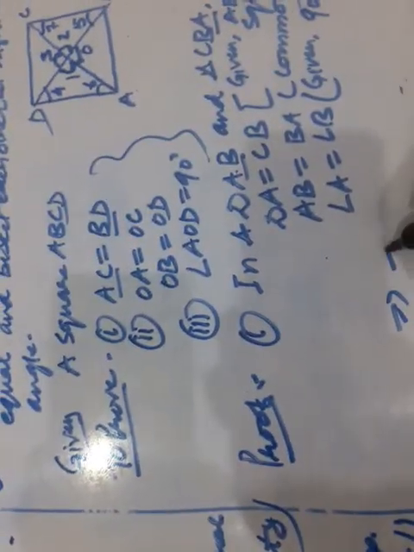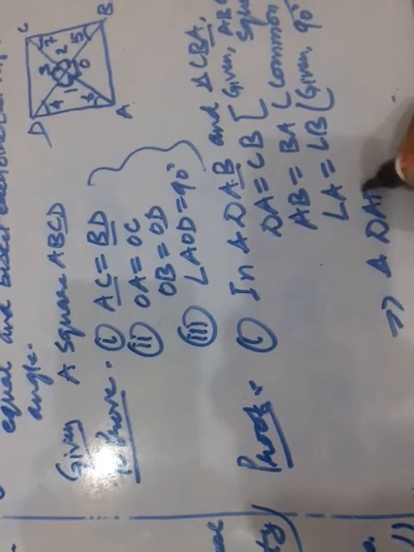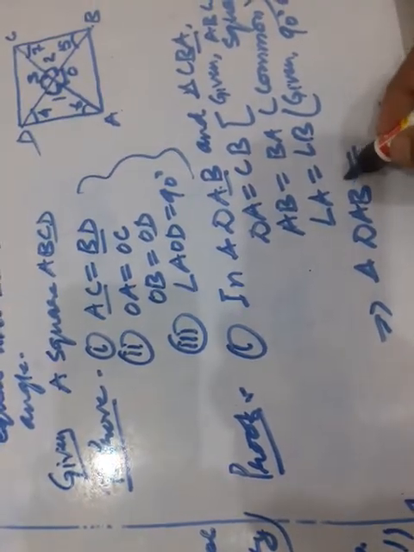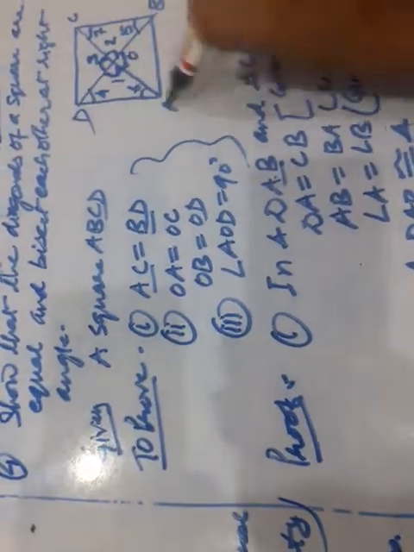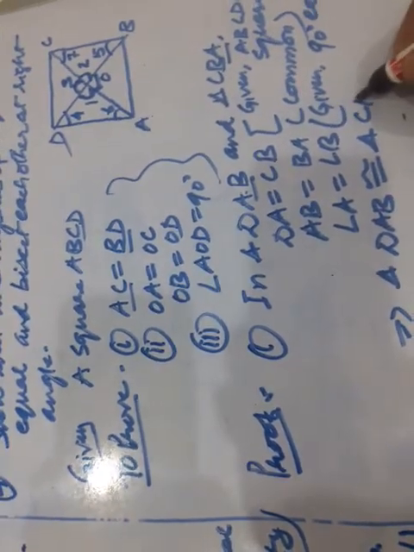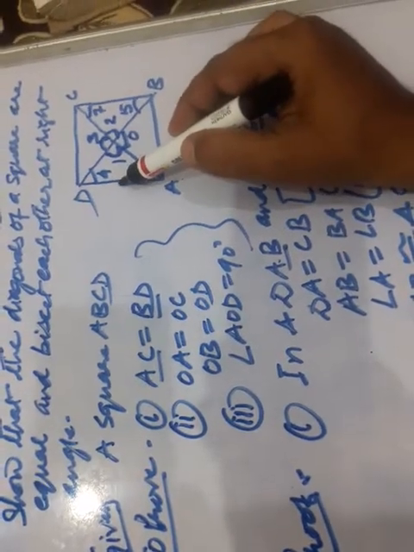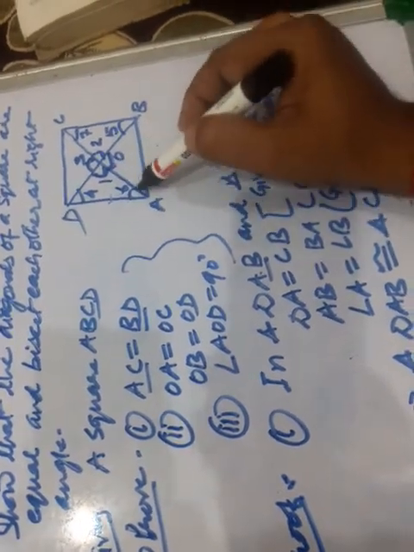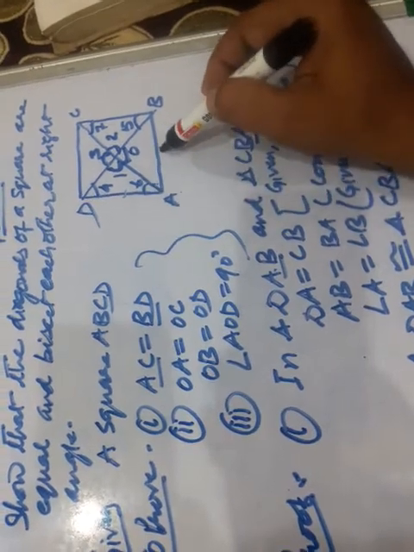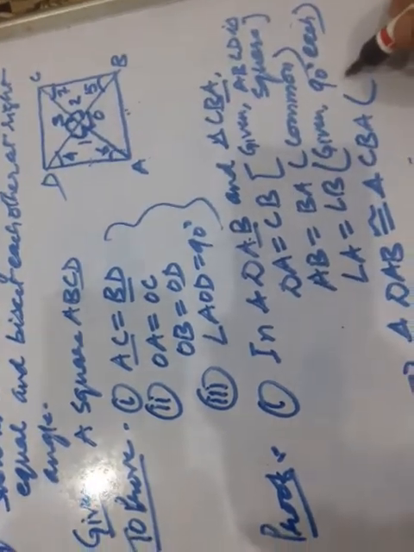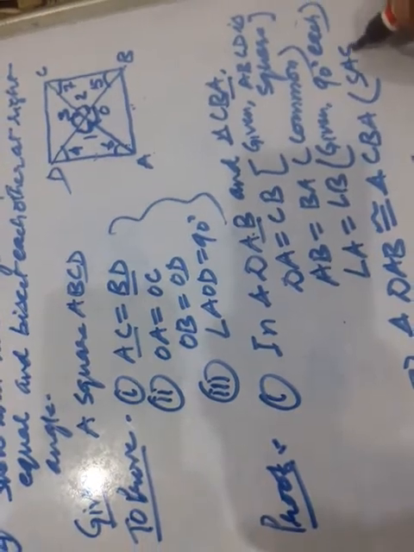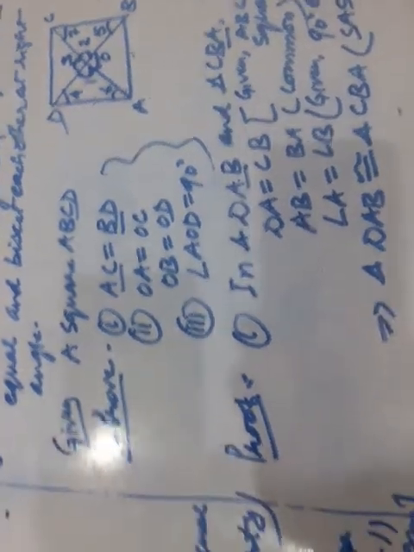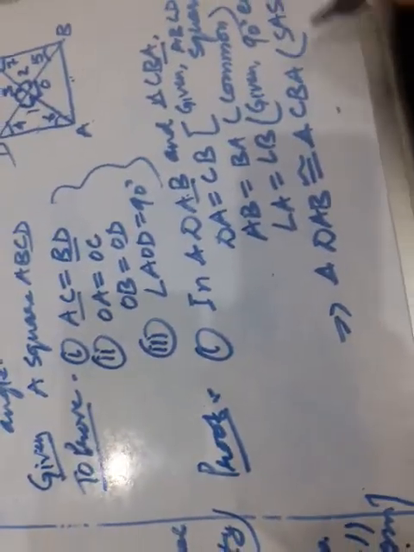This implies that triangle DAB is congruent to triangle CBA. By which rule? Let us see. This side we have shown, this angle we have shown, and this side, so by SAS rule. Triangle DAB is congruent to triangle CBA by SAS rule.